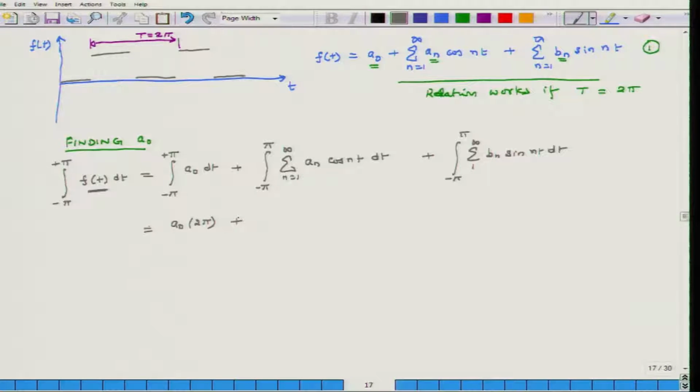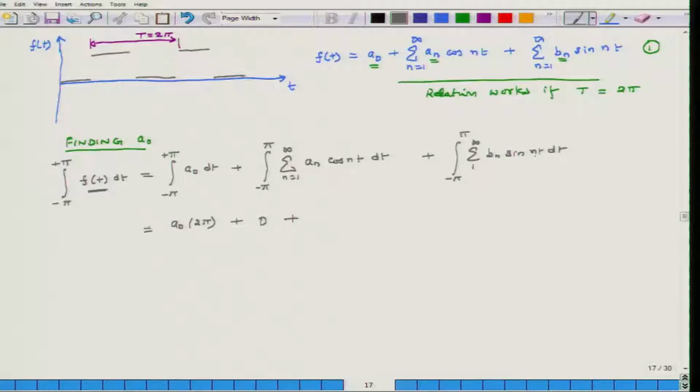plus, let us look at this. The integral of cosine n t is sin n t divided by n, and sin n t evaluated at pi is 0 and sin n t evaluated at minus pi is 0. So, this is 0 plus the integral of sin n t, which is minus cosine n t divided by n, and the value of cosine of pi is the same as the value of cosine of minus pi.